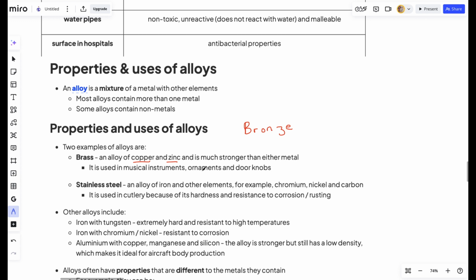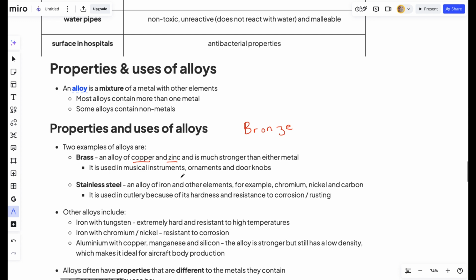Now, what do we use brass for? Brass is used for making musical instruments, and also for making ornaments. It is also used for making doorknobs. You know the doorknob? These are made from brass. It's an alloy of copper and zinc.